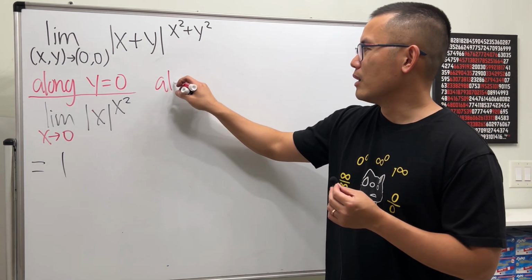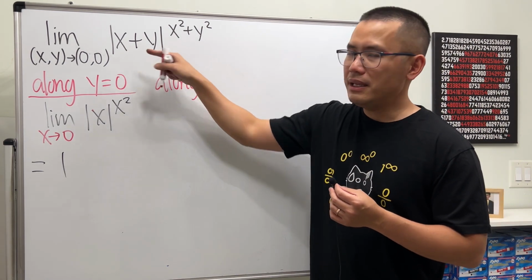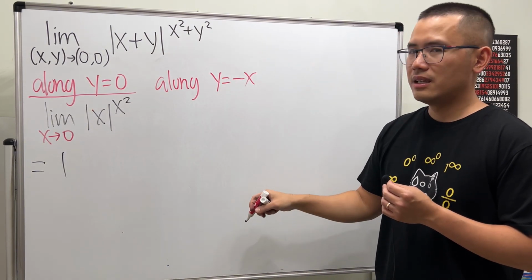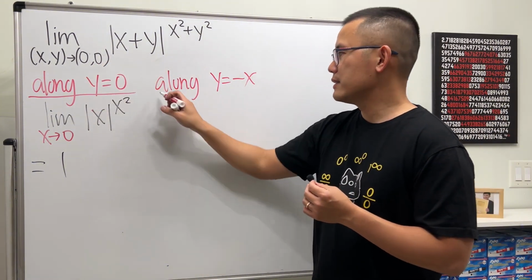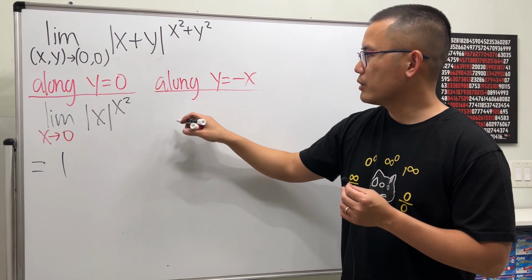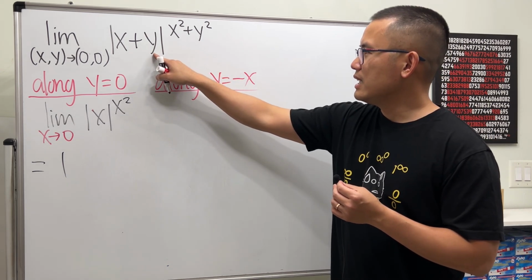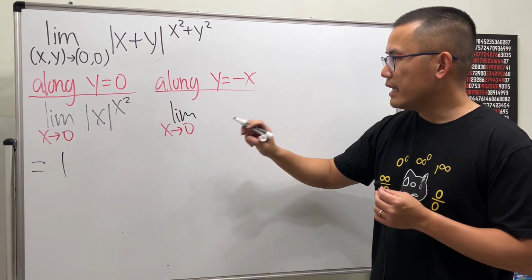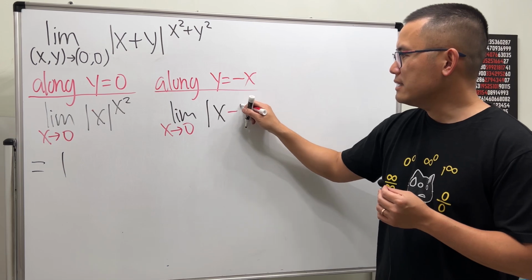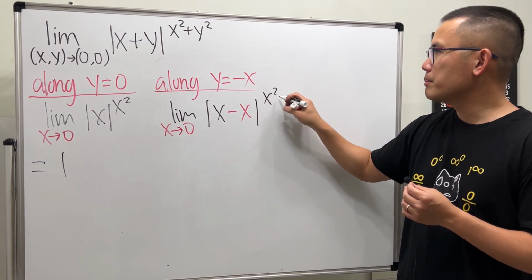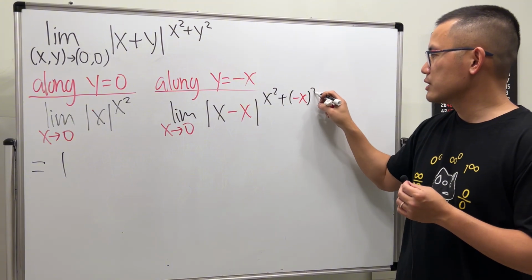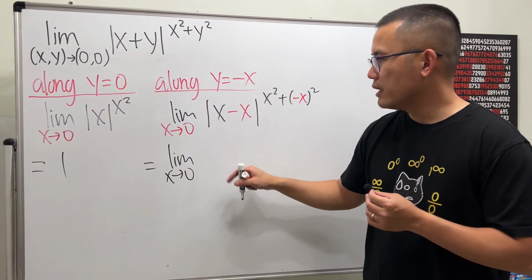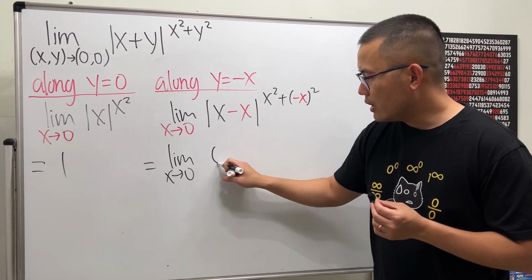Let's try this. I'm going to make the base equal to 0 all the time. So I'm going to say along y equals negative x. This is still approaching the origin, alright? So in this case, y is negative x, and x is approaching 0. We have the absolute value of x minus x raised to the x squared plus negative x squared power. Now check this out. This is the limit as x approaching 0. x minus x is a solid 0.